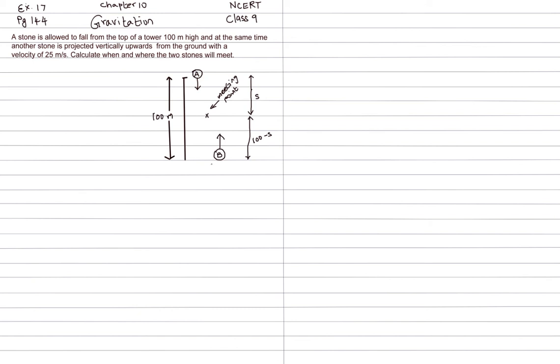So for B, u is equal to 25 meters per second, the initial velocity of ball B. Let us write what is given: height of the tower is equal to 100 meters.